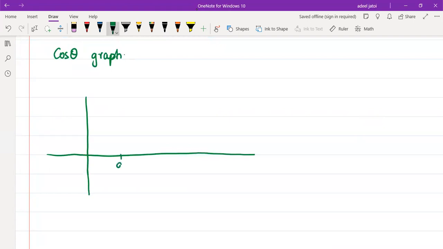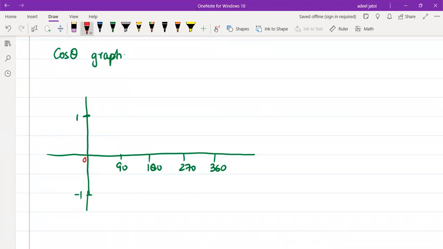One defines 90 degrees, 180, 270 and 360, because one cycle ends at 360. Your maximum number is 1 and the minimum number is still what? Minus 1.